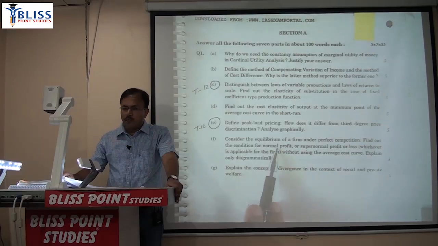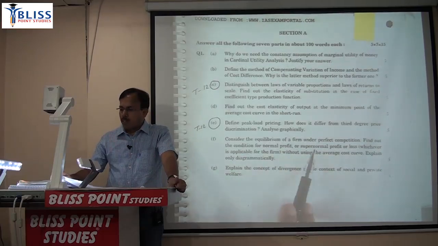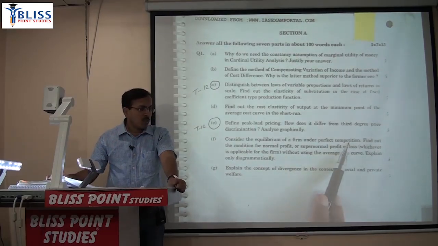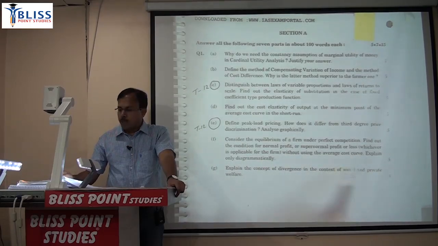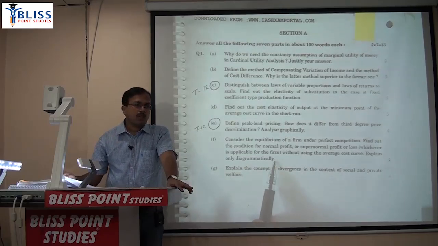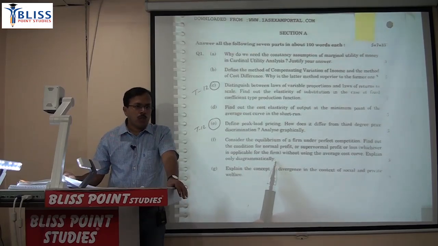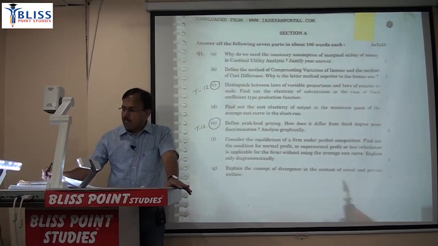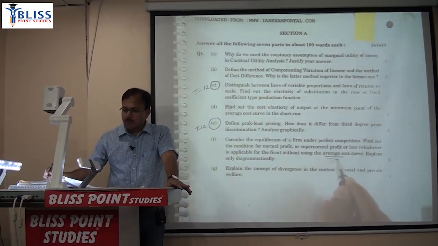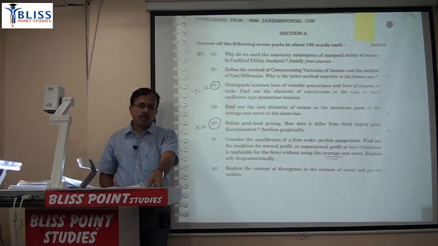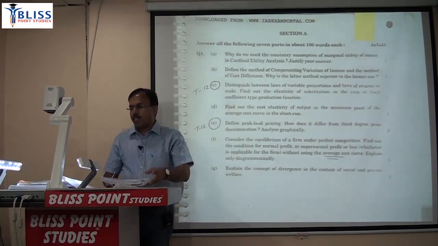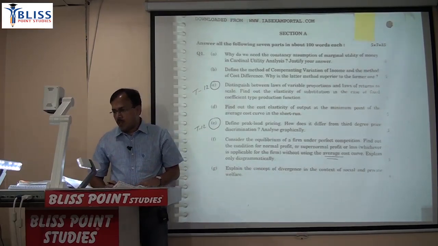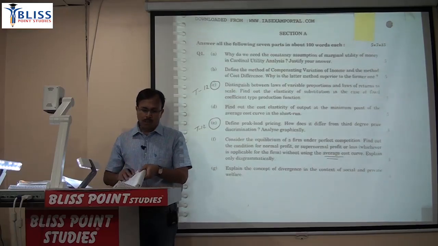Find out the condition for normal profit, supernormal profit or loss, whichever is applicable for the firm, without using average cost curve, and explain only diagrammatically. मतलब कोई वैल्यूज वगैरह यूज नहीं करना, you have to show only diagrammatically without using what? Average cost curve. So without using average cost curve you have to show it graphically. Now that was the question for 5 marks there.